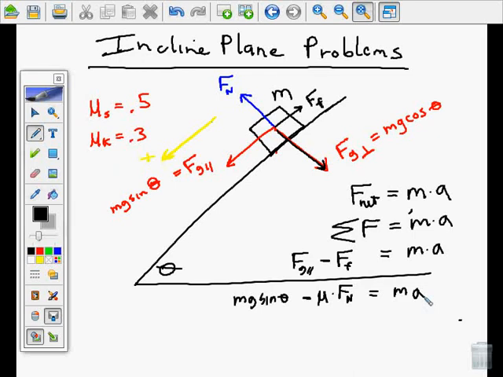But on an inclined plane, the normal force is not equal to the whole weight force, it's equal to Fg perpendicular. So since the normal force equals Fg perpendicular on a ramp, I substitute in for the normal force mg cosine of theta.